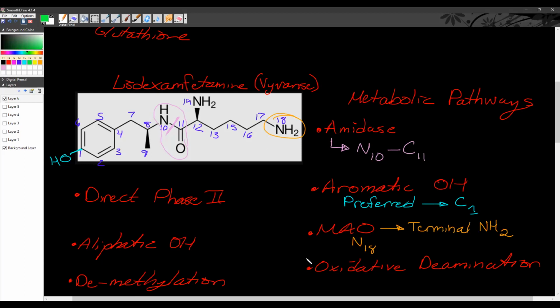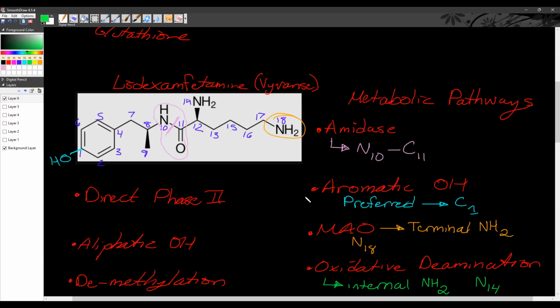Oxidative deamination, this is internal amines, which in this case would be N14. So MAO is terminal, oxidative deamination is internal. Does that make sense? Does that clarify earlier?